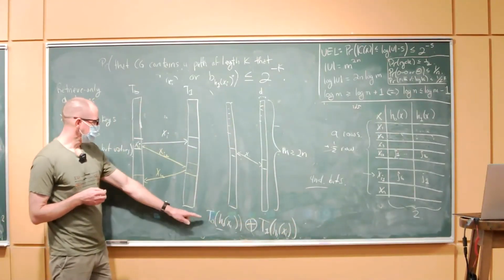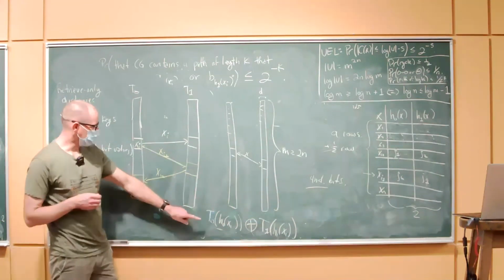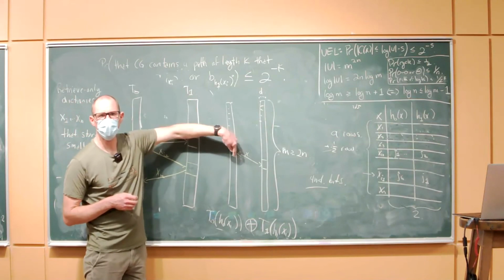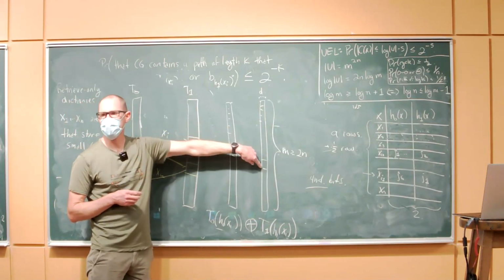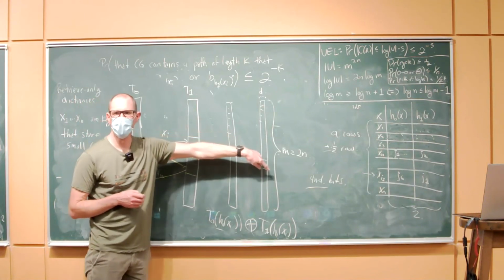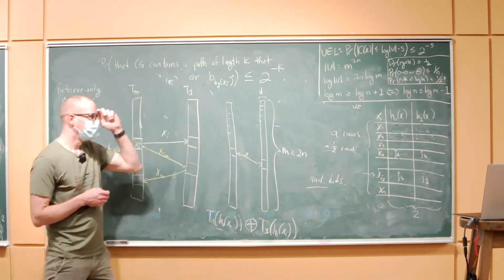So the thing that I want to store with xi will end up being stored as the XOR of these two things. That seems insane. How can that work? How can you guarantee that that works?